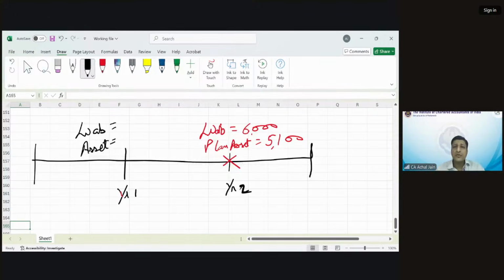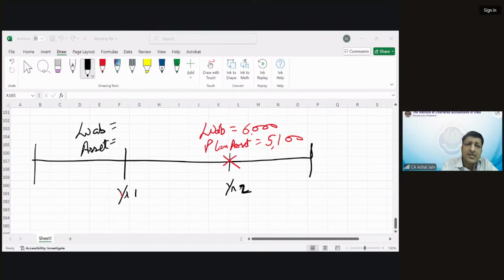No, it's not about presenting it. My question is different. At the beginning of the year, this liability must be having some amount, and this asset must be having some amount. It is not necessary that this would have been 6,000 or 5,100 at the beginning. It may vary.